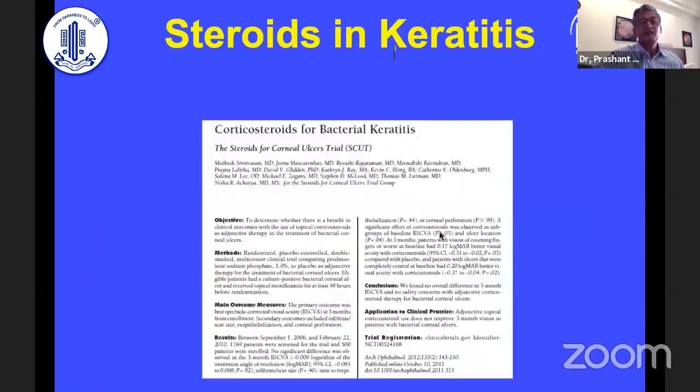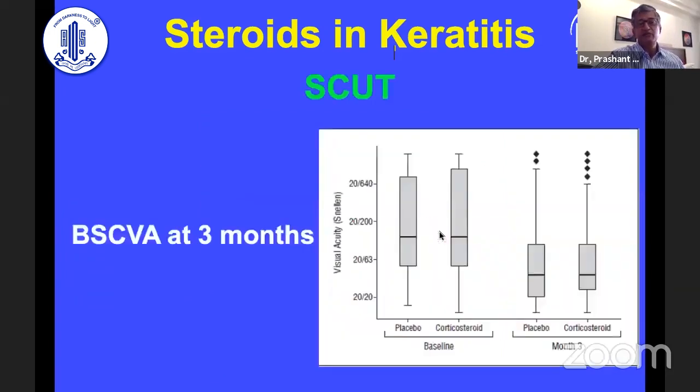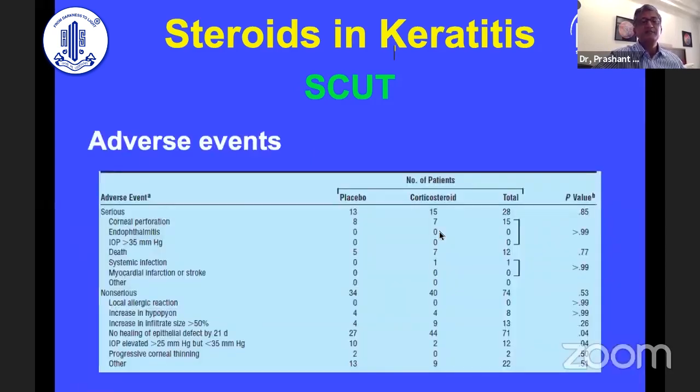And this was the rationale for the SCUT trial, which was done to ascertain the true value of corticosteroids. The study, which was of very high quality, did not find any difference between the group treated with corticosteroid and those treated with placebo, as far as best spectacle corrected visual acuity is concerned.